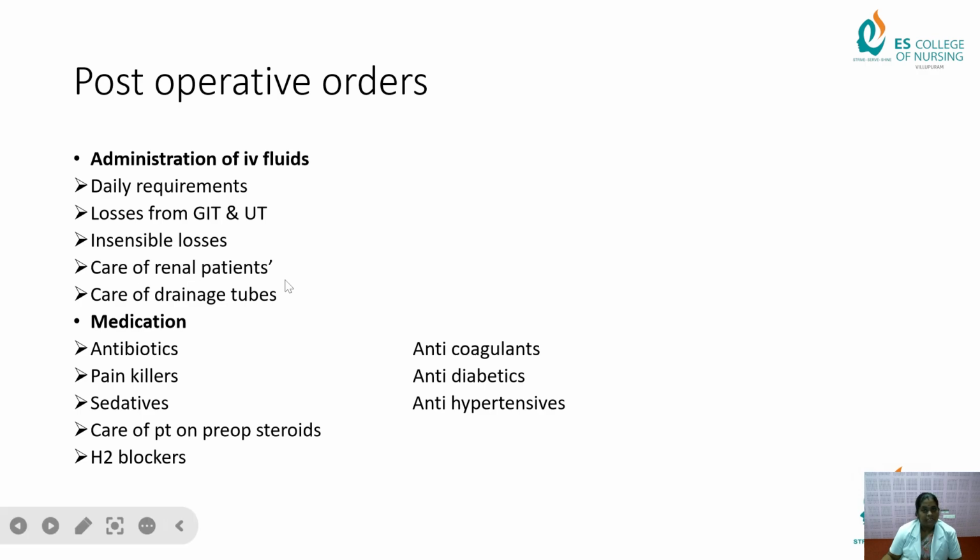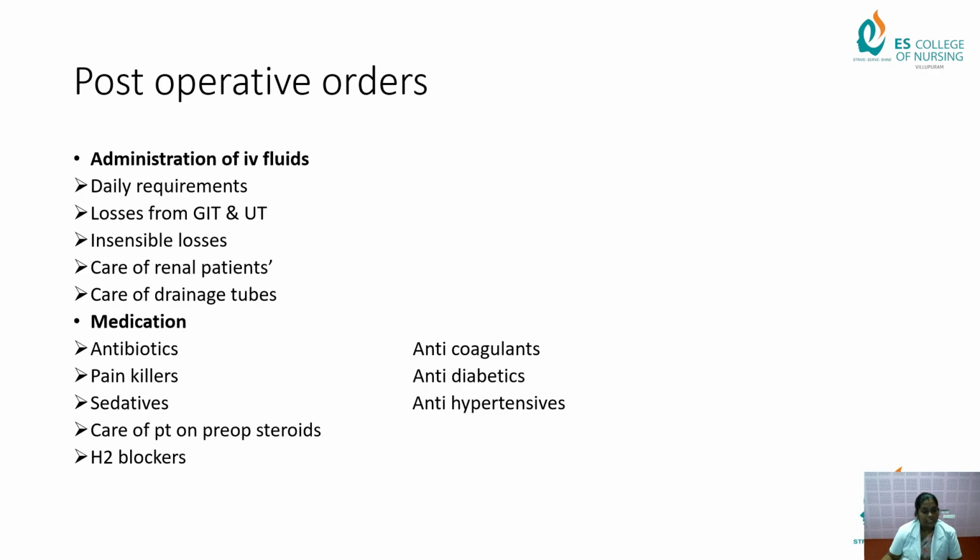And care of the renal patients: some patients are catheterized, and we monitor how much urine output comes after the surgery. And care of the drains too: what drains are present, how much drain fluid comes out of the body daily, and what color, and at what time we have to record it as per the post-op order.